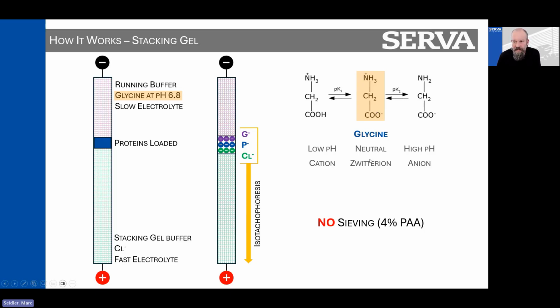Just a short sentence to that. Please be careful when casting your stacking gel that the pH is exactly 6.8. The worst thing that could happen is that it is 7.0, then it will not work at all.